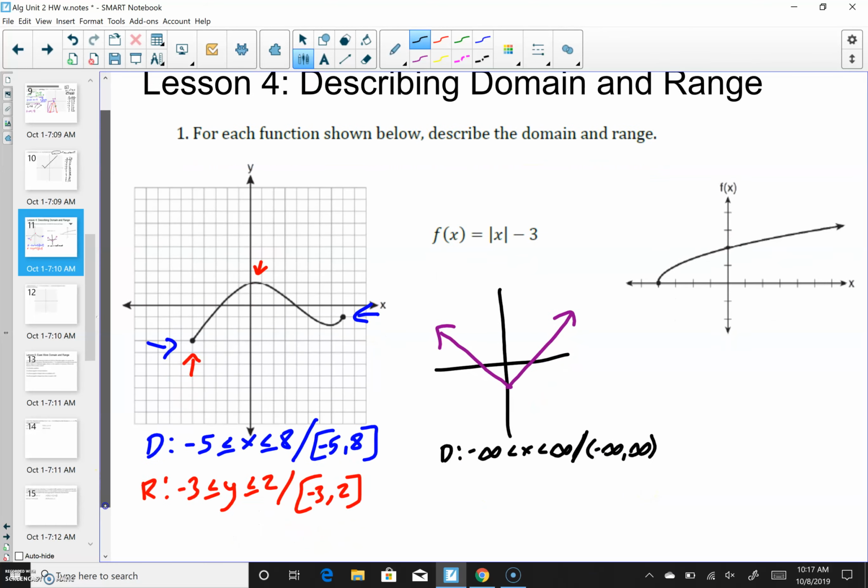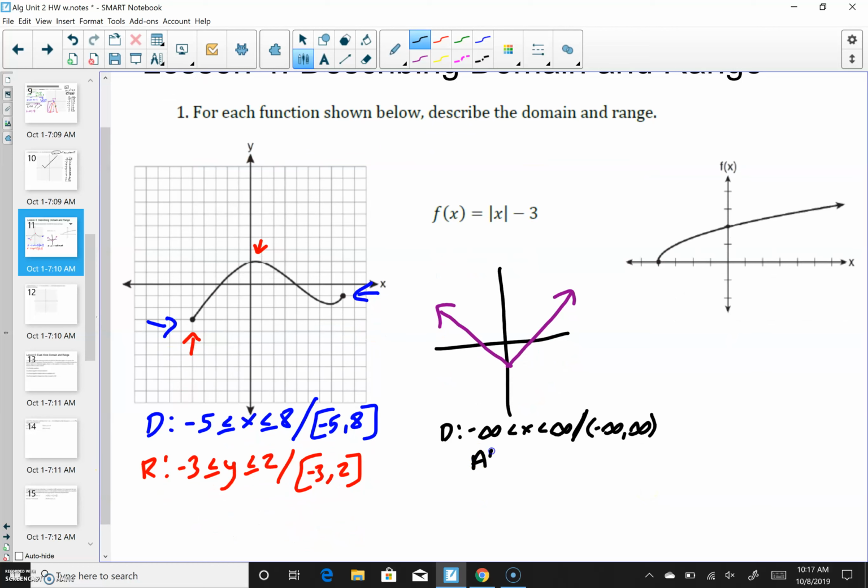Another way to put this for the domain is all real numbers, because every single x value that we plug in works. Now for the range, we end up with a little bit different because there is a smallest point, and if you look on your table or you look on your graph, you'll find that that smallest point is when y is -3, closed circle, but then we have arrows pointing up forever, so then we are going to be less than infinity.